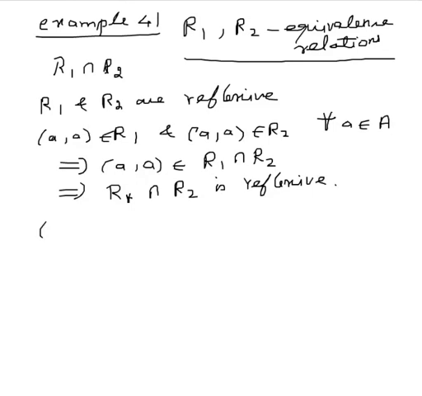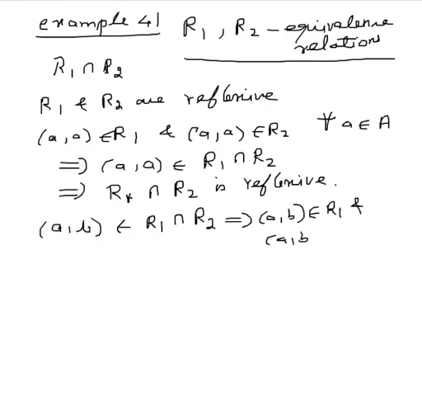We are going to prove that it is symmetric. Let us take an element (a, b) belonging to R1 intersection R2. We have to show that (b, a) also is there in R1 intersection R2. This implies (a, b) is a common element. It belongs to R1 and (a, b) belongs to R2. If (a, b) is in R1, (b, a) will be in R1 and (b, a) will be in R2 also.